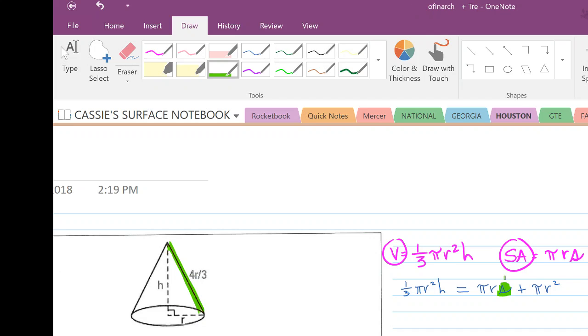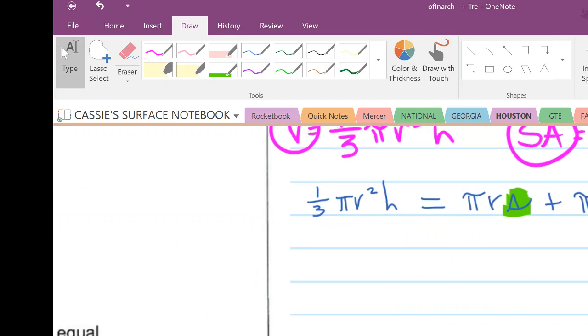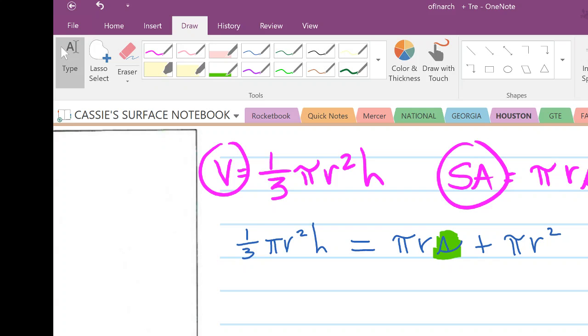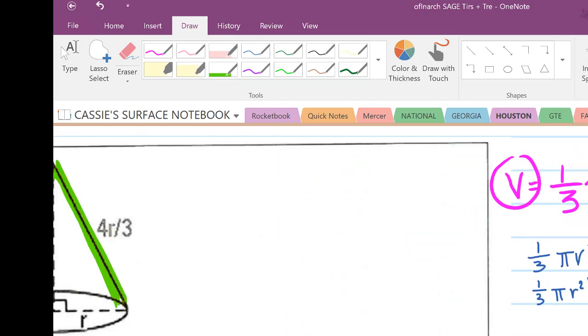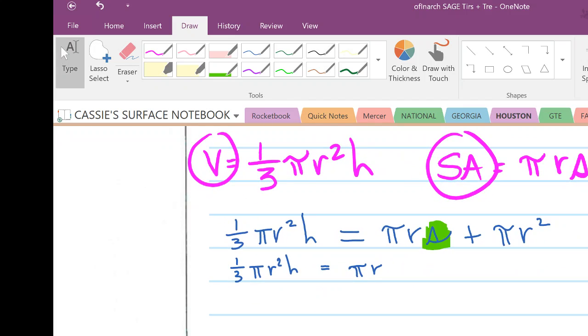It's 4r over 3. So I'm going to rewrite this equation. 1/3 pi r squared h equals pi r, and again that slant is 4r over 3, plus pi r squared.